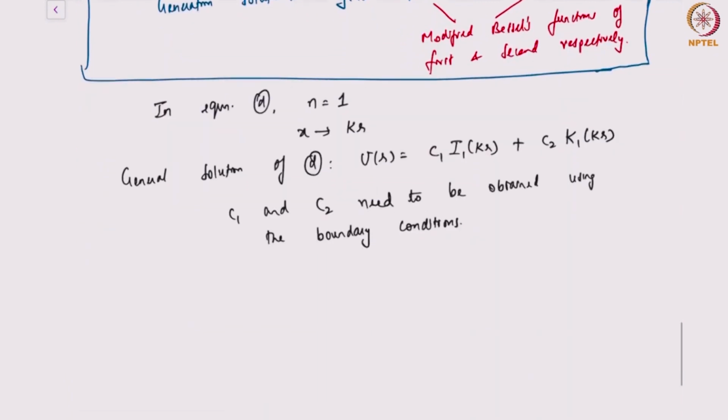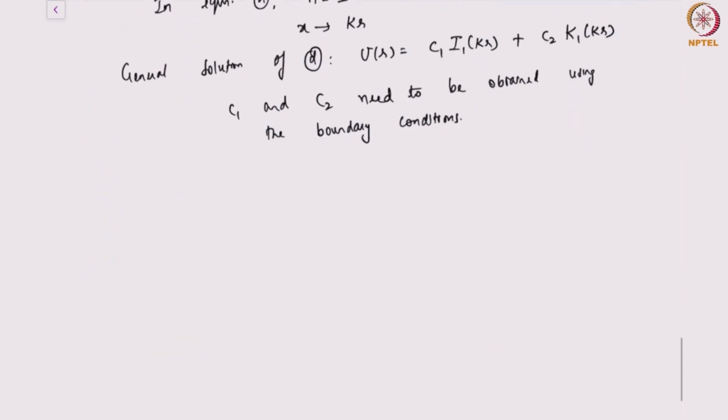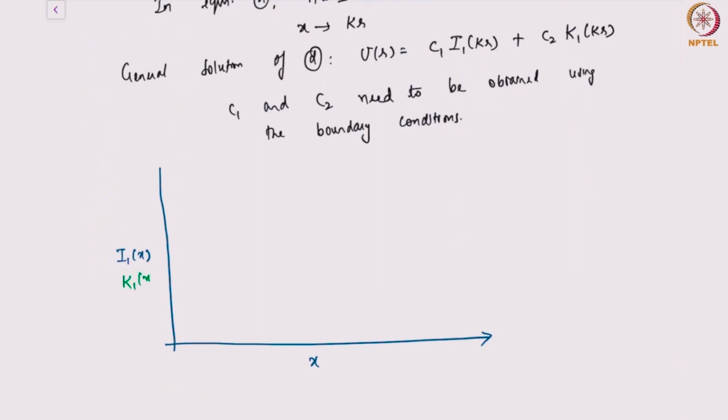Now, it's instructive to look at how these functions look. For example, if I were to make a plot of x versus I1(x), and I will use a different color for the other one, this is K1(x).